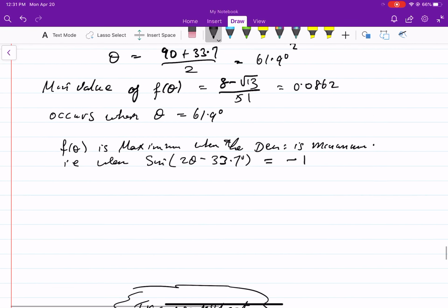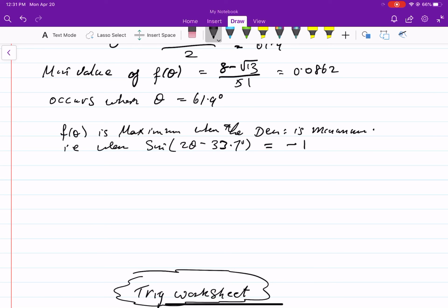All right, so you're going to finish this up. You're going to plug sine of 2 theta minus 33.7 as minus 1 into f of theta, find the expression, and then set up the general solution technique, just like I did. And finish up and solve for theta, the smallest positive value of theta for which that's going to happen. And I'm going to end this video right here.